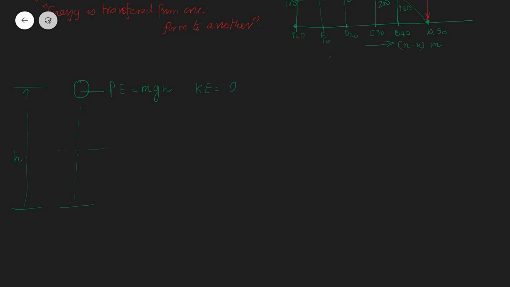At any point in the middle, as this ball falls down a distance of x, this height is h minus x. By definition, we say the potential for energy at this point is mg into h minus x, and your kinetic energy is mgx. Of course, it comes from all our previous derivation, which we have looked at.